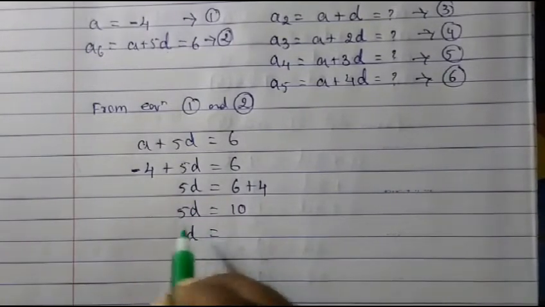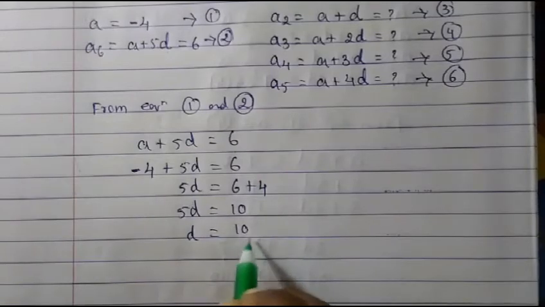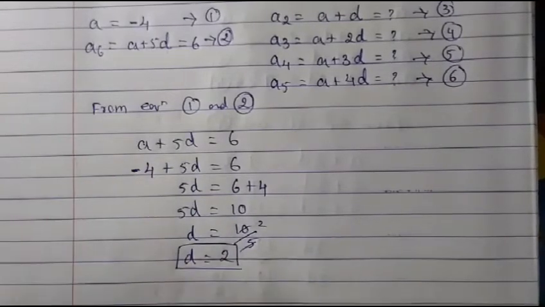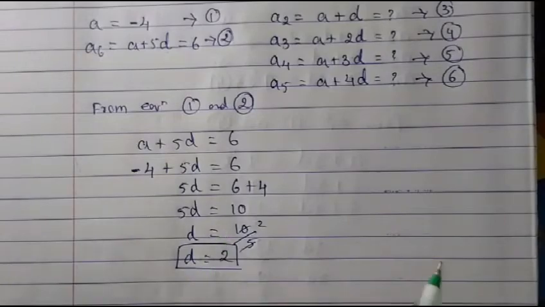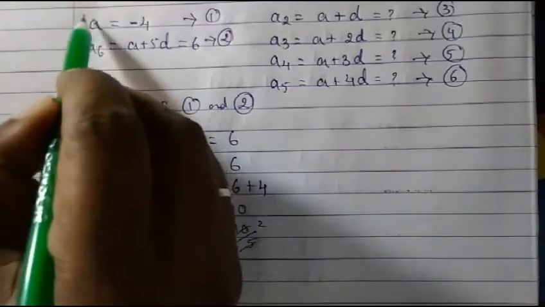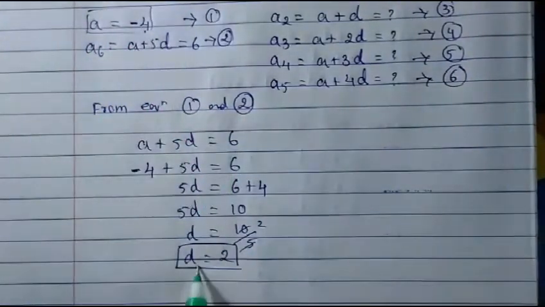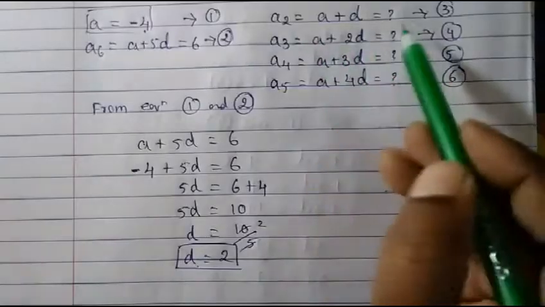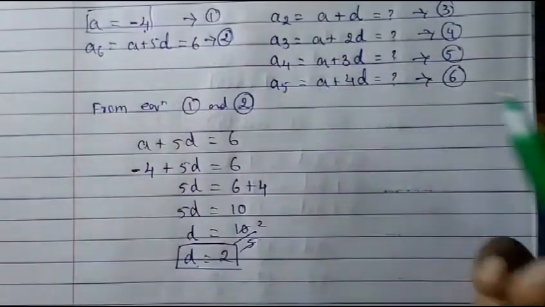That means d will be 10 divided by 5, because 5 is in multiplication and when it comes here it becomes division. So we get the d value as 2. Now we know the d value and we know the A value, so just put the values in all these equations. You will get A2, A3, A4 and A5.